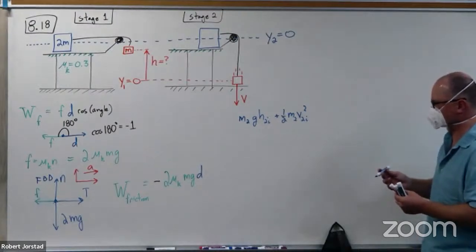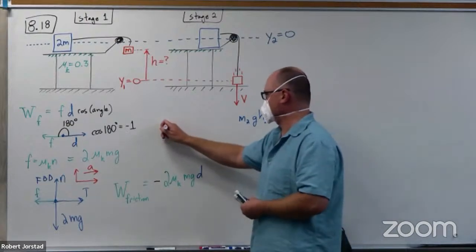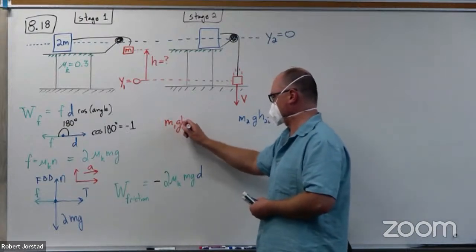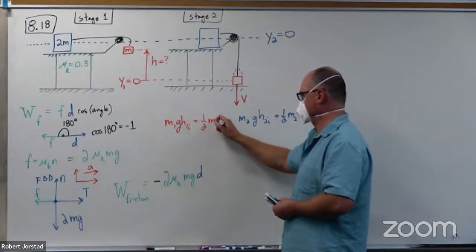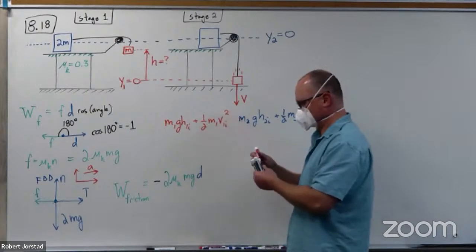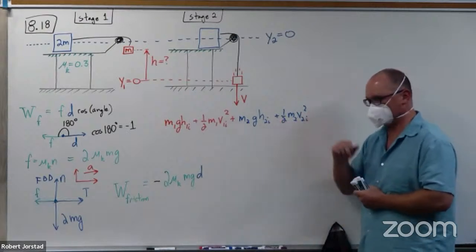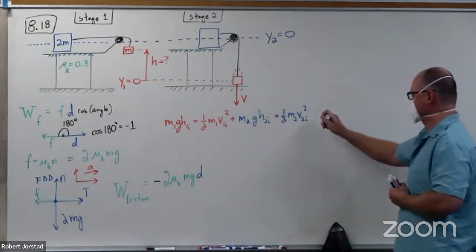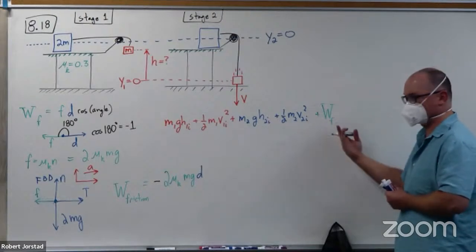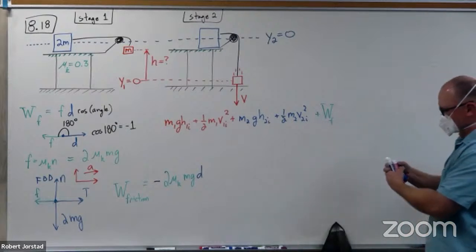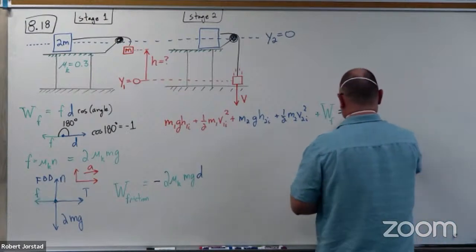Do I have any springs? Nope. Sweet. So over here I've got M1 g h1 initial plus 1/2 M1 v1 initial squared. So there are my two energy terms for 1 and my two energy terms for 2. Plus the work done by friction, which will be negative when I plug it in. I'm losing energy. Equals, oh boy. You get the idea?